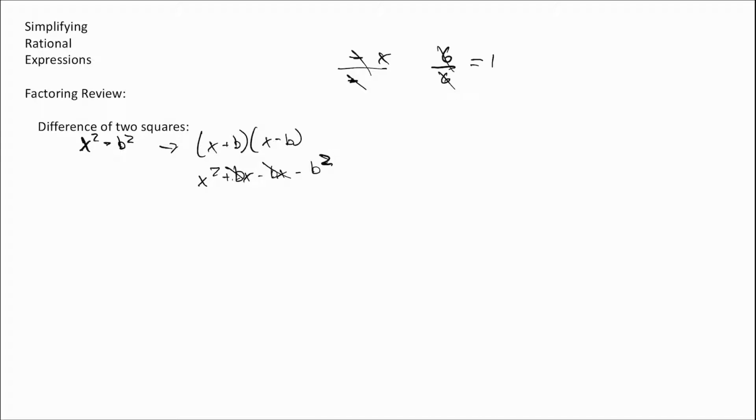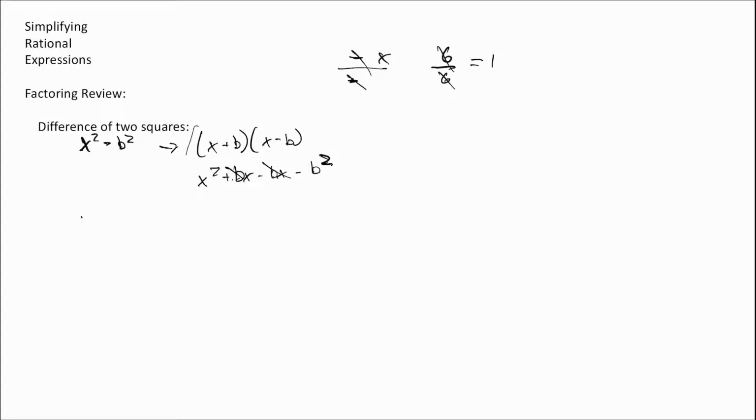So when you have, let's say, x squared minus b squared in the denominator, and on the numerator you have x plus b, well, then you can factor x squared minus b squared into x plus b times x minus b, and then you can cross out the x plus b on your numerator with the x plus b on your denominator, leaving you with only 1 over x minus b.